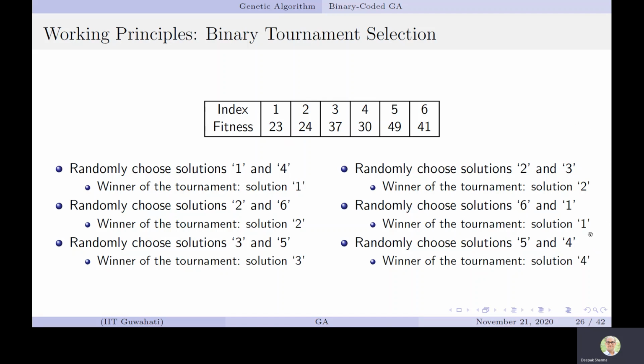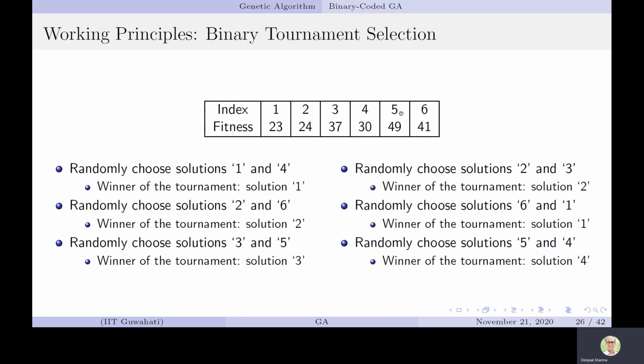In tournament 2 also, solution 1 is the winner. So solution 1 is the winner in both tournaments. Why is it happening? Because solution 1 is the best solution. As and when it has a tournament with any solution in the population, it will always win.